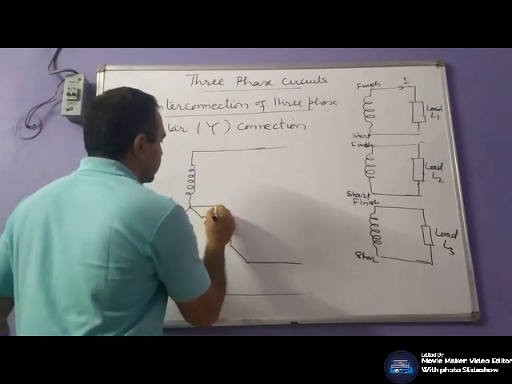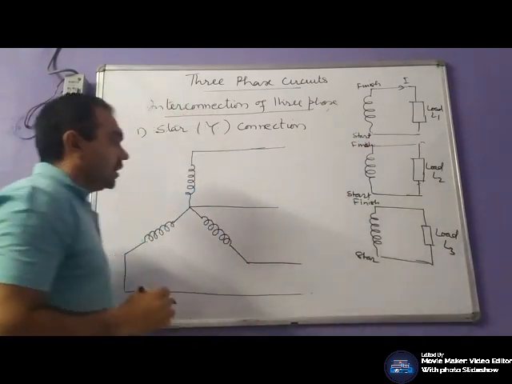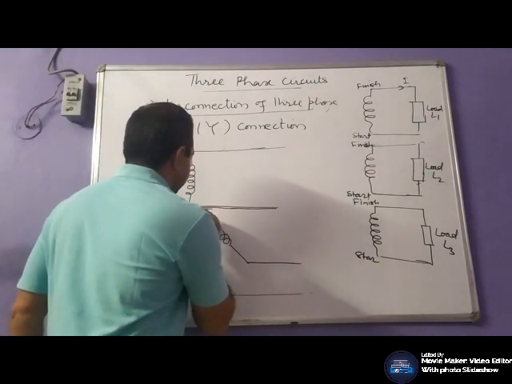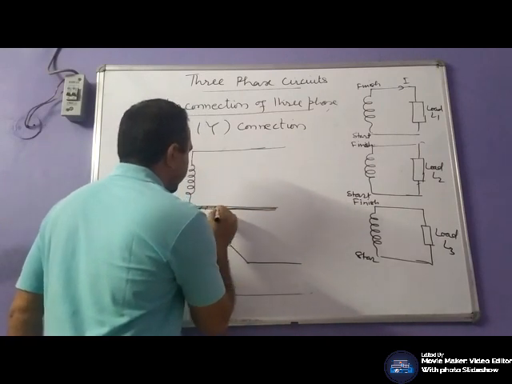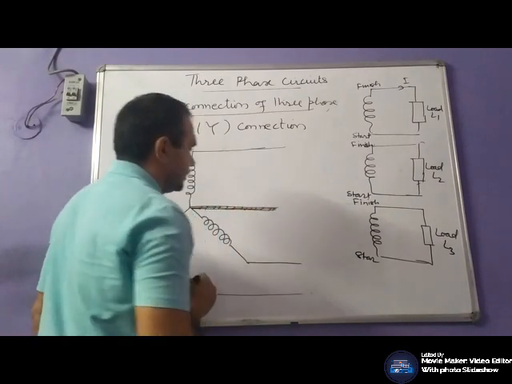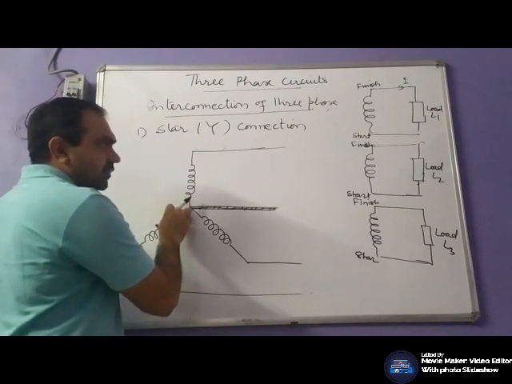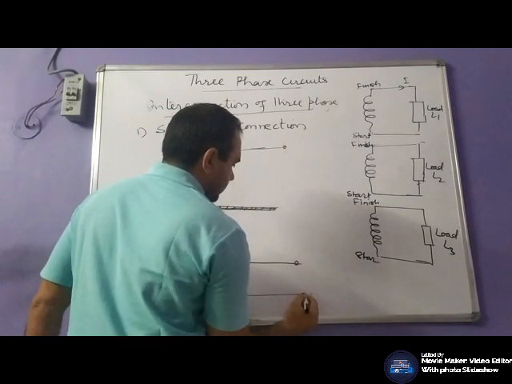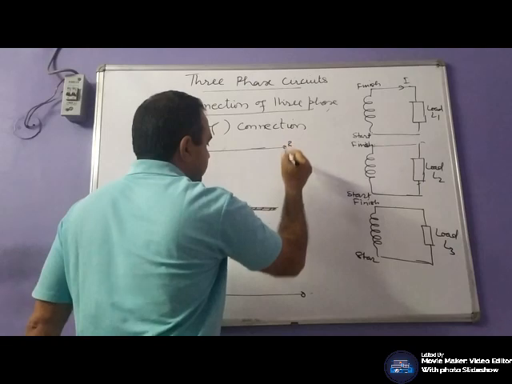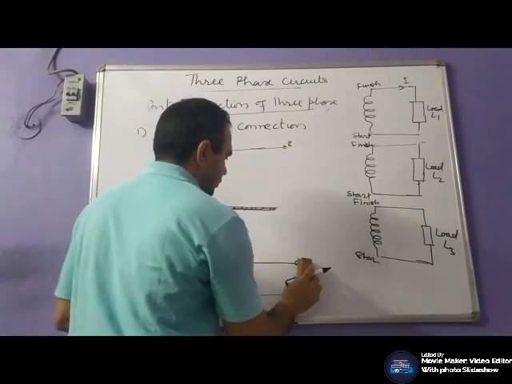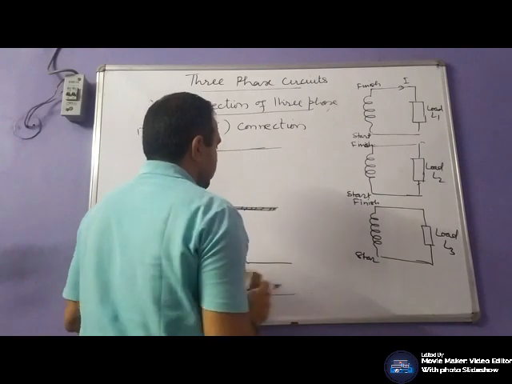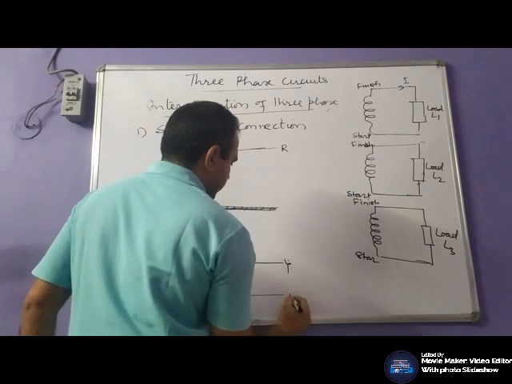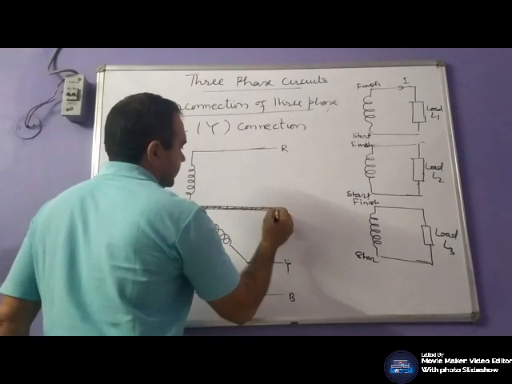And this one is the other point. If we connect these three points at a common point, it will form a single connection. Either starting or finish is connected to one common point, and these terminals may be defined as R, Y, B, and this point is neutral.